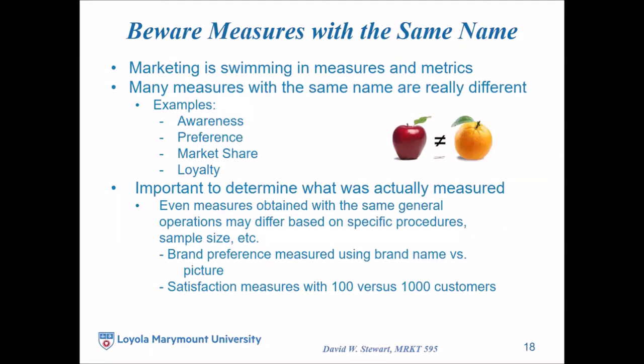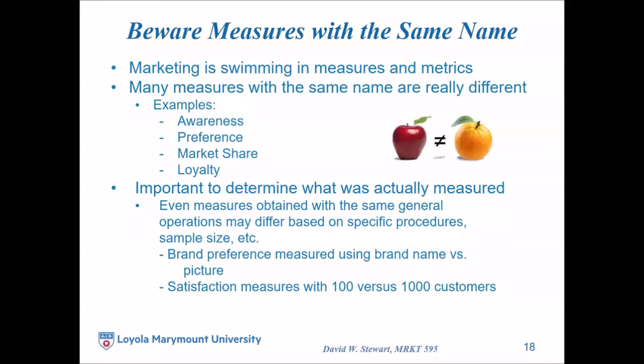Even measures that have the same general operations may differ with respect to specific procedures or sample size. I measured customer satisfaction with automobiles with a sample of 100. By the way, what that means is that for some automobiles, I had no observations or one observation.